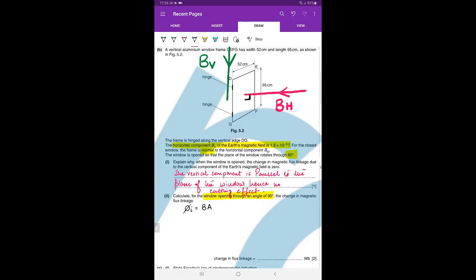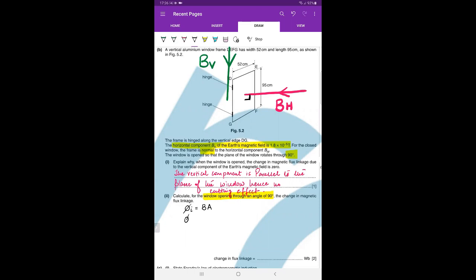First of all, the number of turns is not given, so I haven't written NBA. I've just written BA. So first I'm trying to calculate my initial flux, B times A.